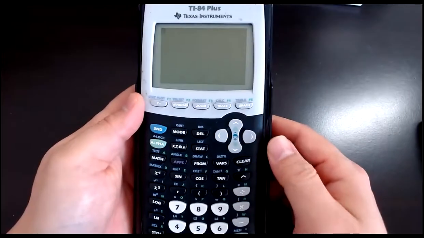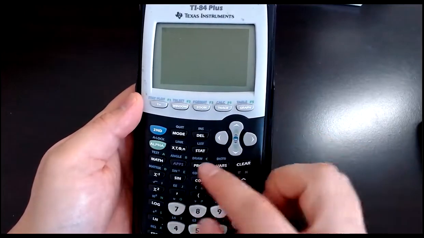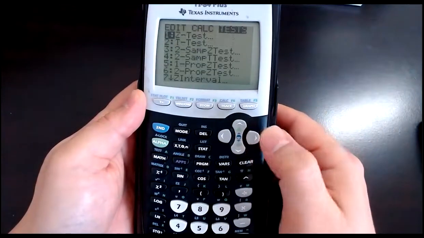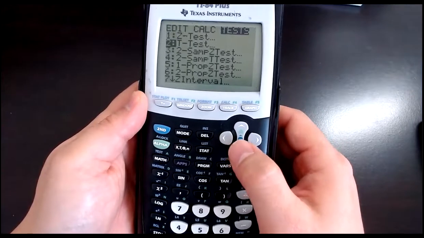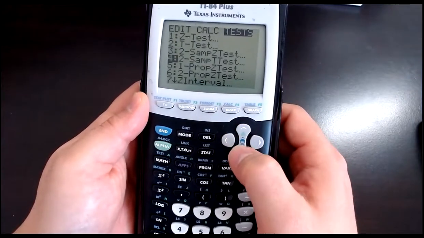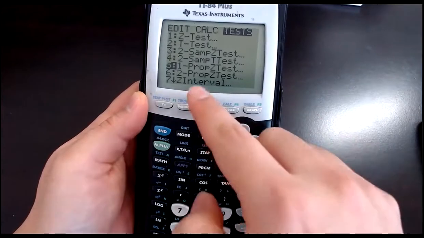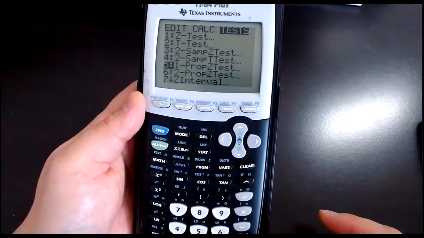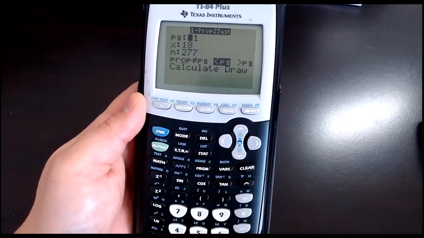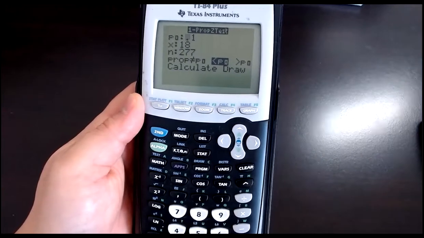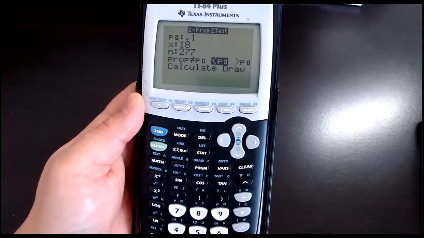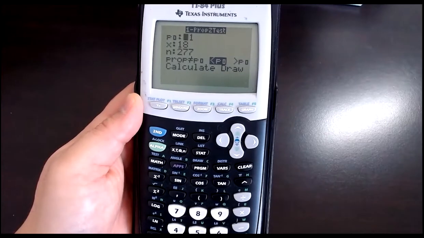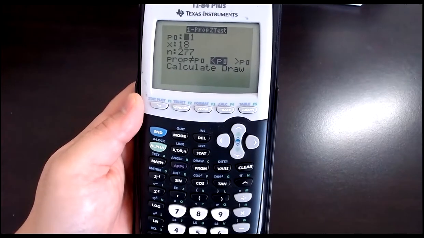First of all, you need to press STAT, and then there are 3 tabs. We go to TESTS. There's the z test, t test, 2 sample z test, but we need the 1 proportion z test, which is the hypothesis test for proportions. Let's go there. P sub 0 means the value from H sub 0.